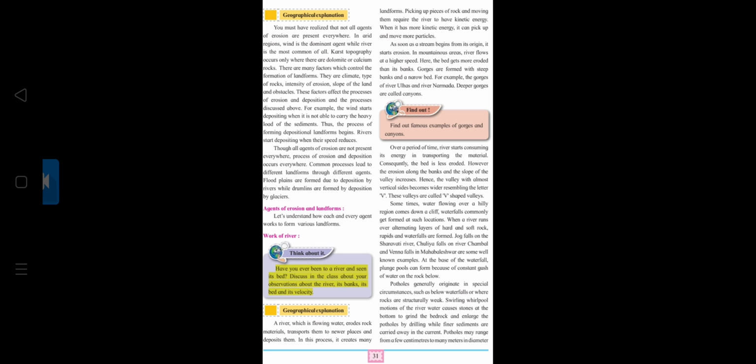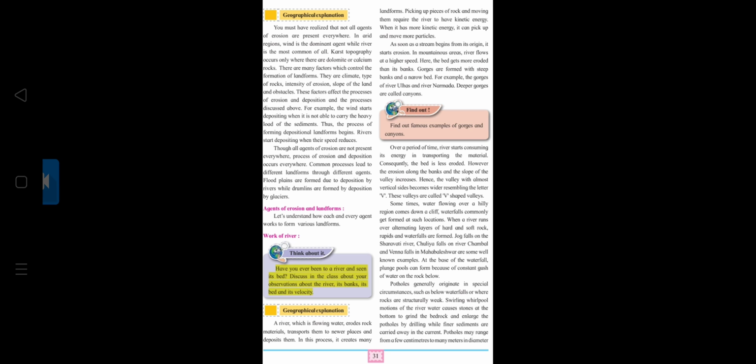All agents of erosion are not present everywhere. They are concentrated in particular areas and they are not present at all in certain areas. Common processes lead to different landforms through different agents. Flood plains are formed due to deposition by rivers, while drumlins are formed by deposition of glaciers.